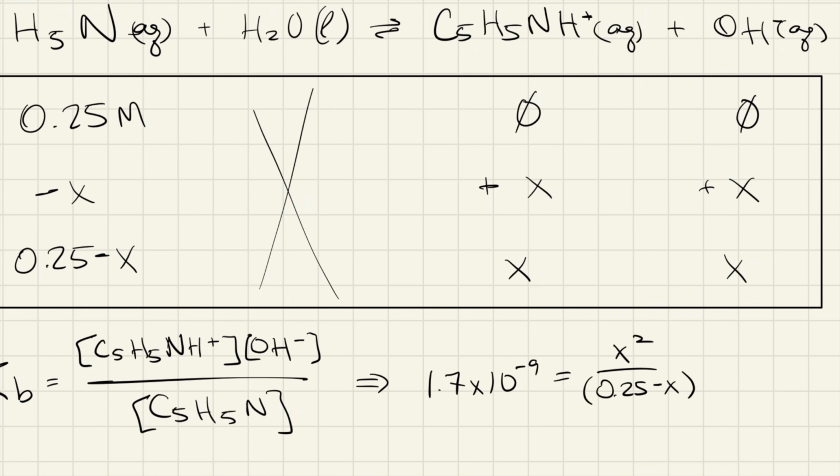All right, so we can do this approximation trick as long as the initial concentration, 0.25, is much greater, over 2 orders of magnitude larger than Kb, we can get rid of this minus x. I'm actually going to give ourselves some more space so I can keep on writing. So we have 1.7 times 10 to the negative ninth is equal to x squared over 0.25 minus x. But like I was saying, we can approximate, get rid of that.